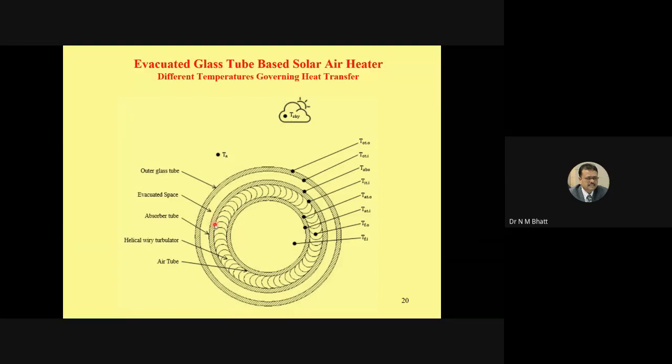No specific joining technique is required, because of its resilience nature. It is just like a spring. So it is always in contact with the inner surface of the absorber tube. So the heat would be conducted through the helical wiry turbulator, as well as this turbulator augments the heat transfer coefficient when air is moving through this particular annulus.